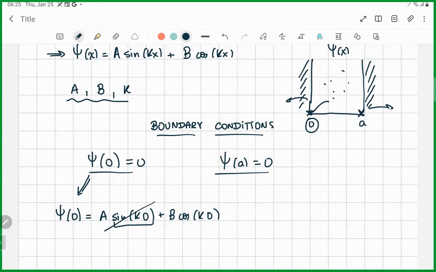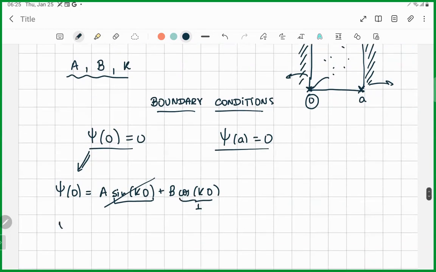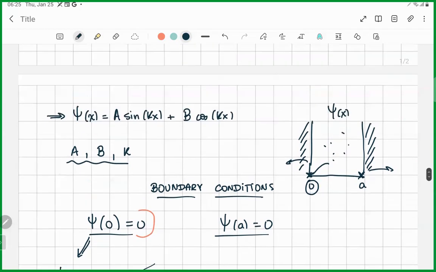Cosine of k0 is cosine of 0, which is 1. So that means that at that position 0, we got just B. And the boundary condition here tells us that this is 0, therefore B is 0. So we had all this trouble to write the solution in this nice form, and we just discovered that this part does not exist. Okay, that's a simplification.